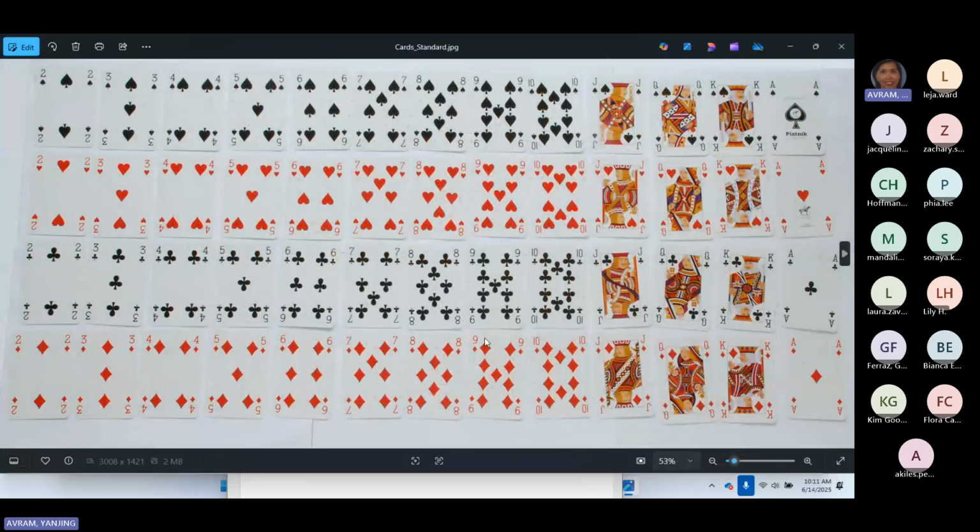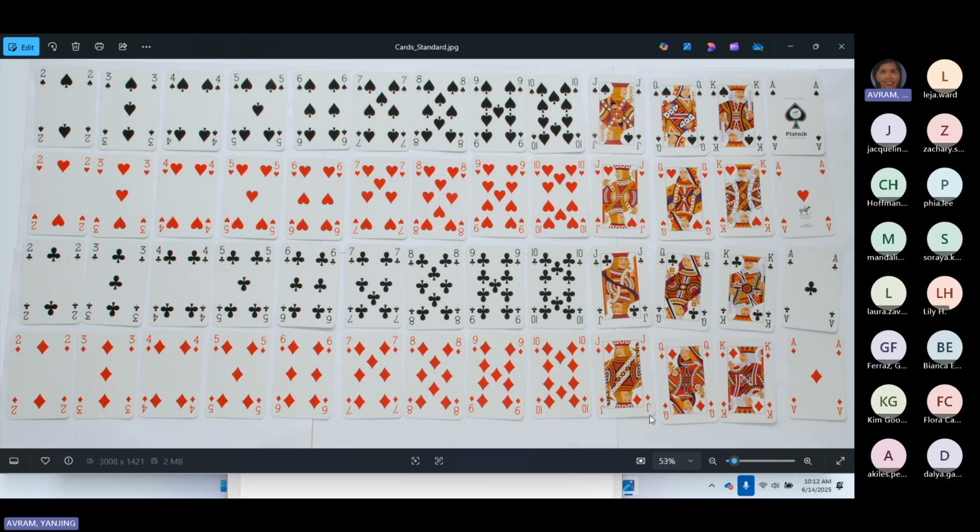If you never played cards before, you can look at this picture. How many red cards, how many black cards? The hearts and diamonds are the red, and the clubs and spades are the black. Sometimes the jack, queen, and king we also consider face cards, because these three types have a face. The ace doesn't have a face.